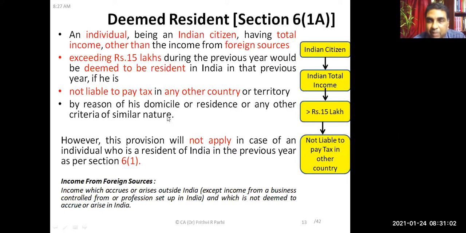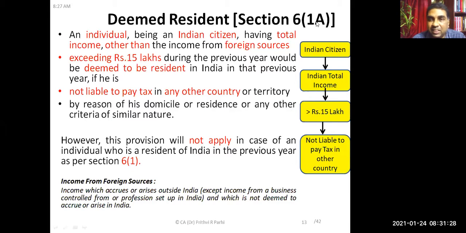That means whatever might be the reason, if he is earning Indian income of more than 15 lakh and he's not paying tax in any country, then he will always be deemed to be a resident in India in respect of that assessment.